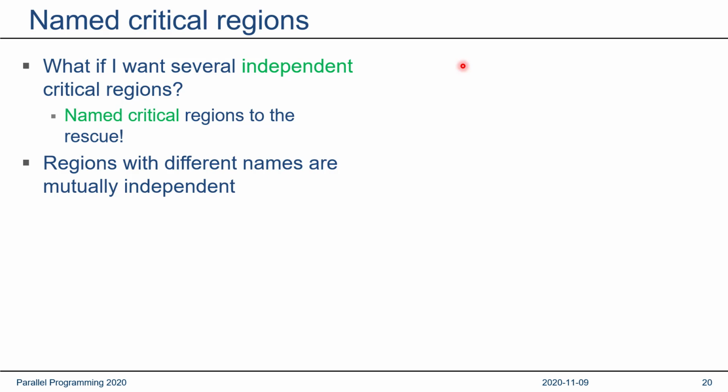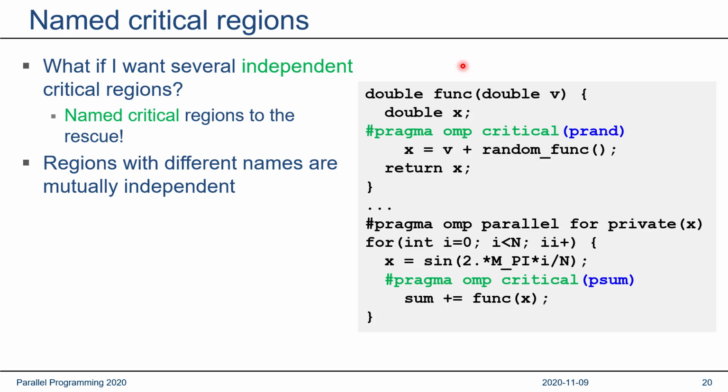This is why OpenMP also provides named critical regions. Named critical regions serve the need for independent critical regions. So in this example, we have a main program with a parallel loop, privatized x variable. The loop goes from 0 to n minus 1.